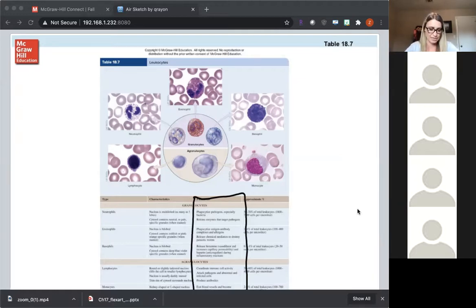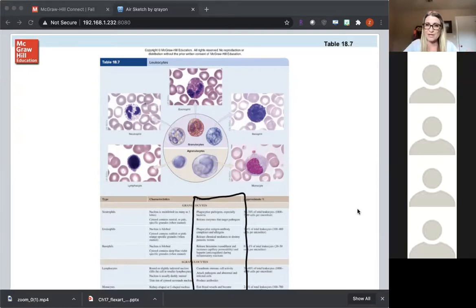So we have our monocytes and lymphocytes. Lymphocytes, we're going to split in our immune system chapter into B lymphocytes and T lymphocytes. And T lymphocytes are going to be split into helper and cytotoxic there. And natural killer cells are also a type of lymphocyte.